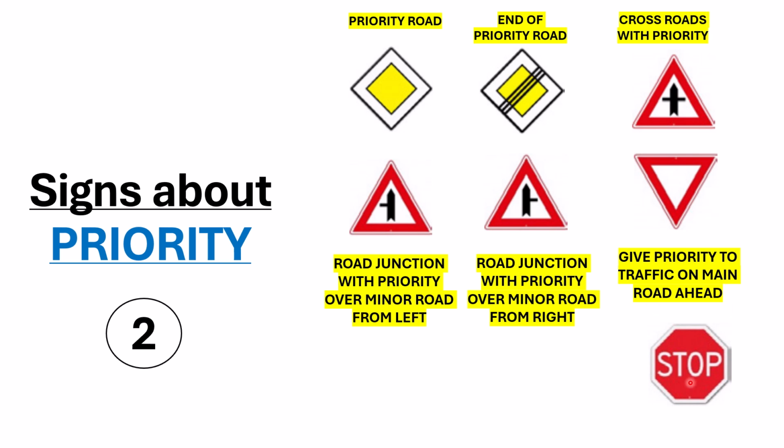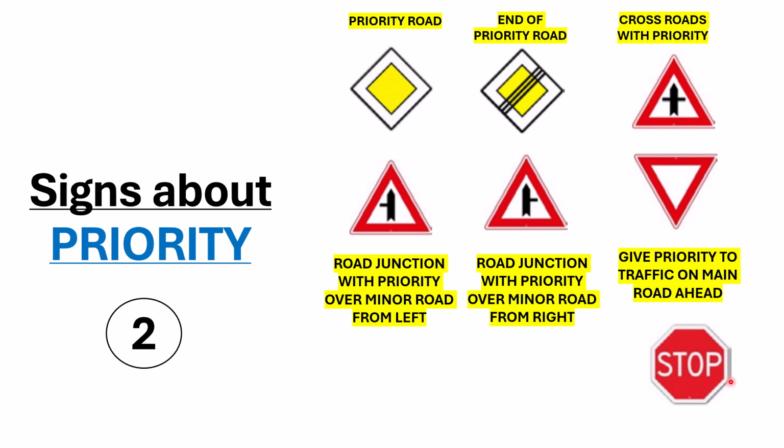But then what is the difference between this signboard and this signboard? I'm going to explain that. If you see this signboard, it means you have to give priority to the traffic on the main road ahead. But if there is no traffic passing on the main road ahead, you don't need to stop. You can go and pass.